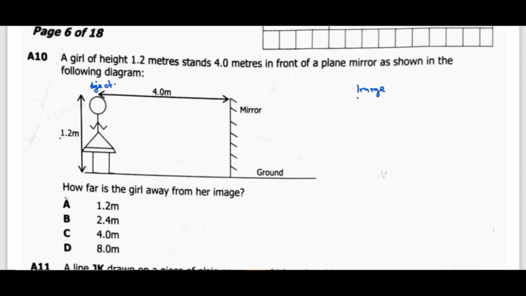So that is the distance. The girl, okay, the height is the same. Don't mind about the drawing. The height is the same, which is 1.2 meters. And then here you'd find that we're going to have 4.0 meters.